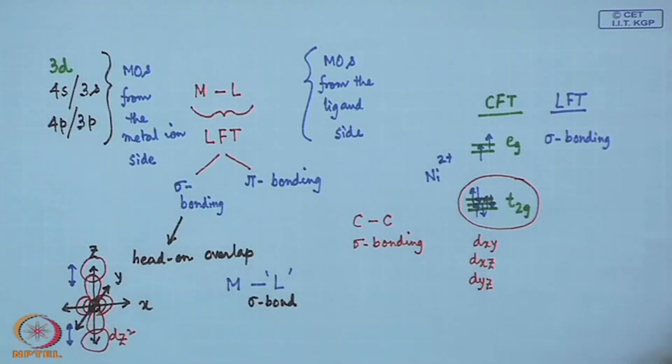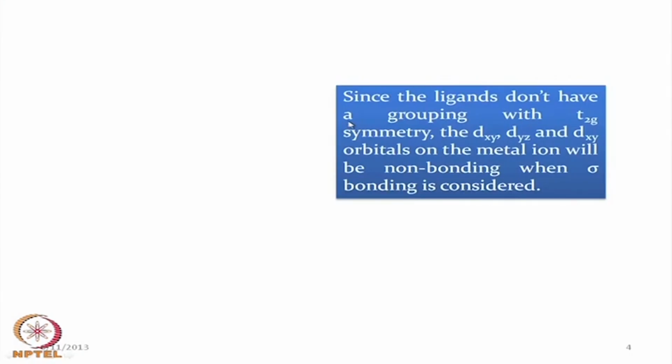So, what we see is that since these ligands do not have a grouping with T2g symmetry, that means from the ligand side we are not getting any such T2g symmetric orbital.